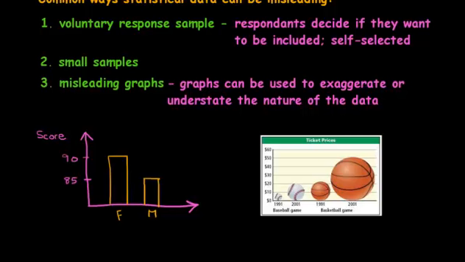And likewise with the basketball. The second one looks much, much bigger than just the increase from, say, $22 a ticket to $50 a ticket. So we want to be careful when we see one-dimensional data represented by two-dimensional and three-dimensional figures called pictographs, because even though that can be very eye-catching and pleasant to look at, it can misrepresent the relationships in the data.